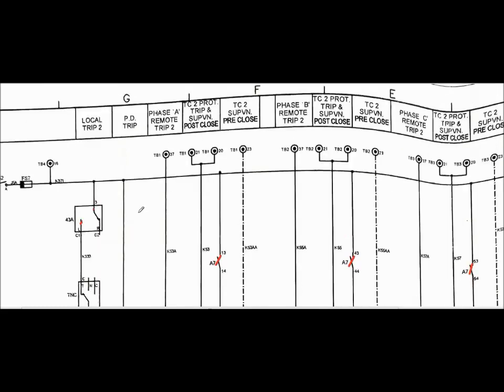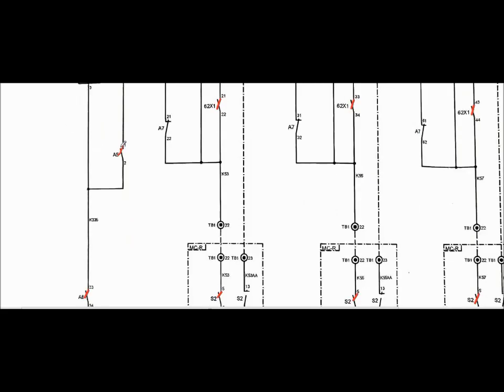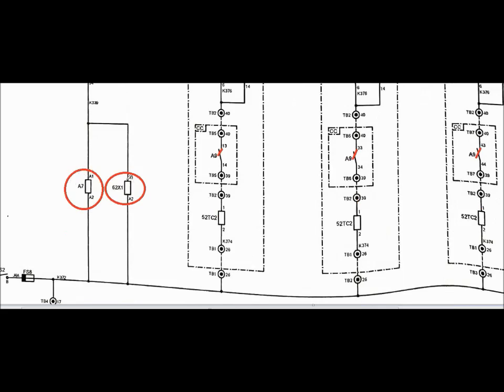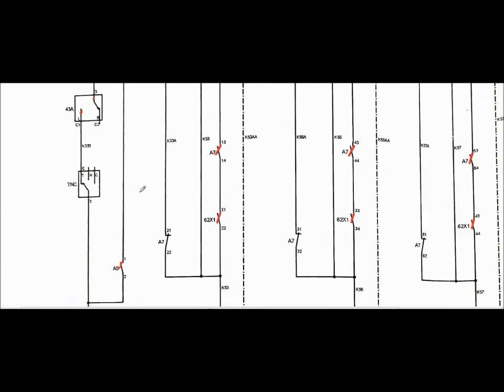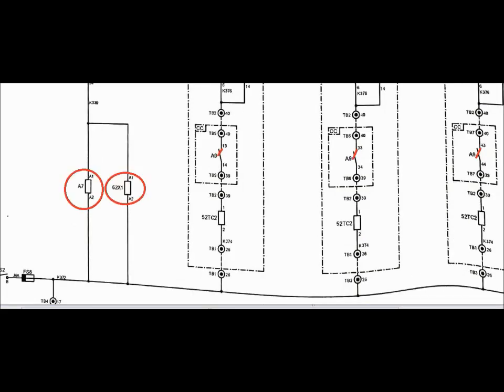As soon as the A5 auxiliary contact changes position, if the circuit breaker fails to auto reclose, then these two relays will be energized, and they will further trip the other healthy phases, that is yellow and blue phase, in the pole discrepancy relay. That is the function of the pole discrepancy relay.